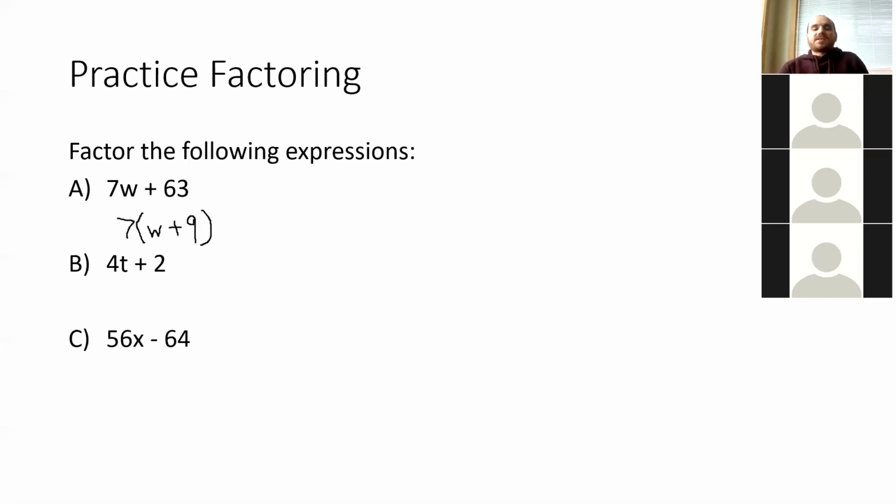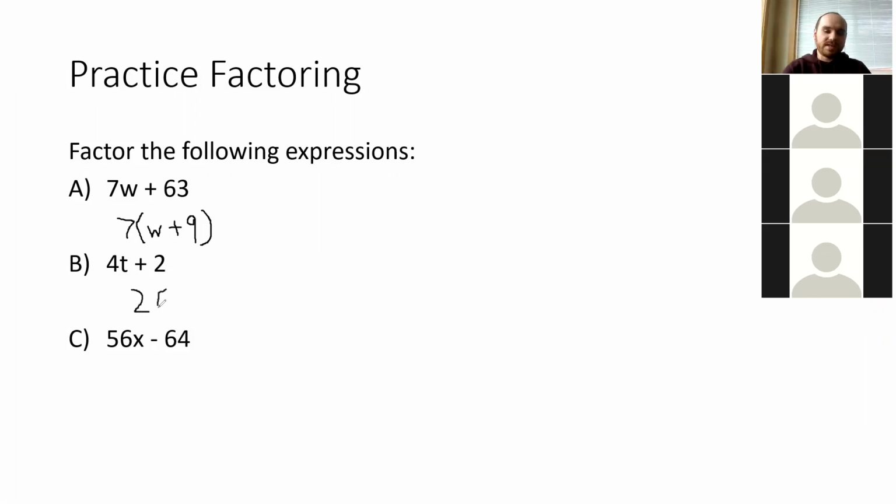So if you're confused about this, the first thing you want to do is identify what number you can divide both of these by. It might help to ignore the variable. So if we just look at 4 and 2, what number can you divide 4 and 2 by? Yeah, you can divide it by 2. So that means you're going to put 2 outside your parentheses.